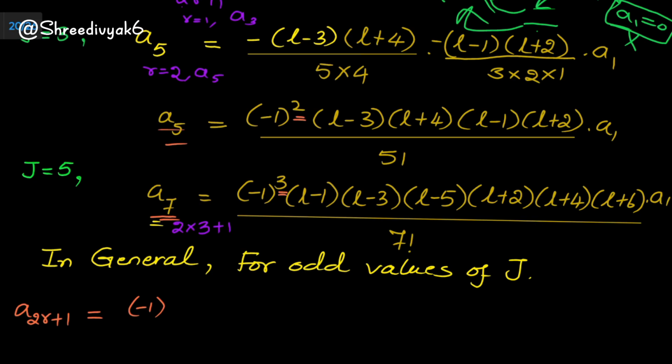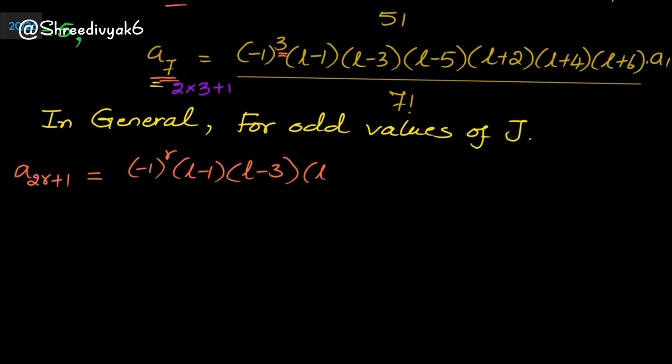So like that, for A2R plus 1, you will have minus 1 raised to R into (L minus 1), (L minus 3) into (L minus 5) into (L minus 7), so on up to (L minus 2R plus 1).